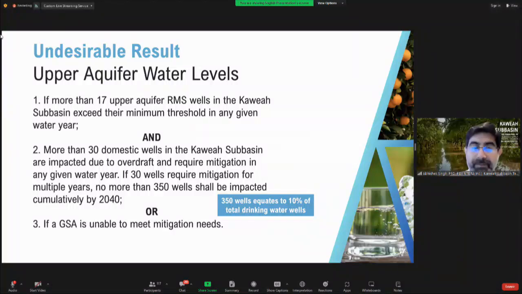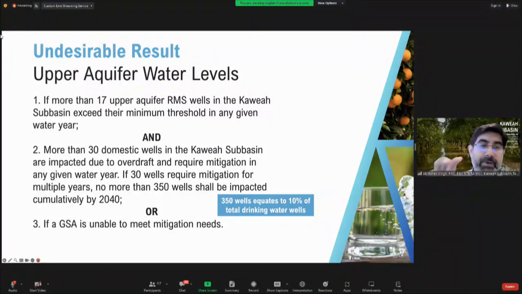So for the upper aquifer water levels, what we are looking at here is the quantitative definition of undesirable results. As you can see, undesirable results for the upper aquifer would occur if more than 17 upper aquifer representative monitoring sites in the Kaweah Subbasin would exceed their minimum threshold, and we have any more than 30 domestic wells in the Kaweah Subbasin impacted or potentially going dry due to overdraft conditions requiring mitigation.